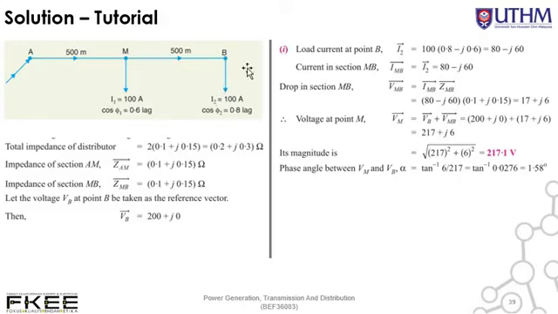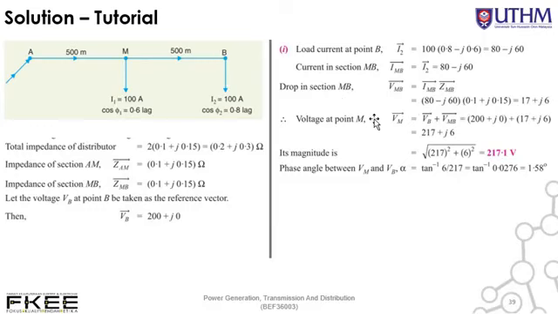The way to calculate VMB is by applying Ohm's law across point M and point B. IMB is equal to IB, multiplied with the impedance. So in section MB, the voltage is 17 plus j6.